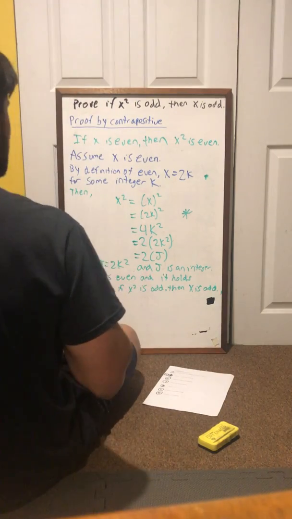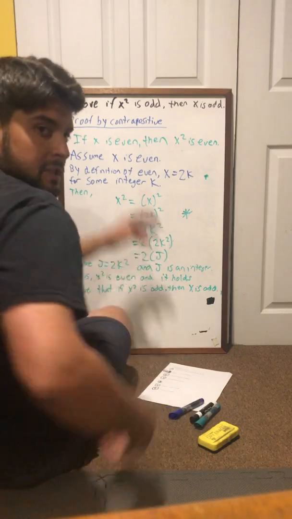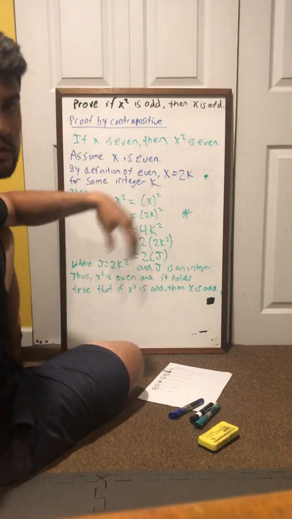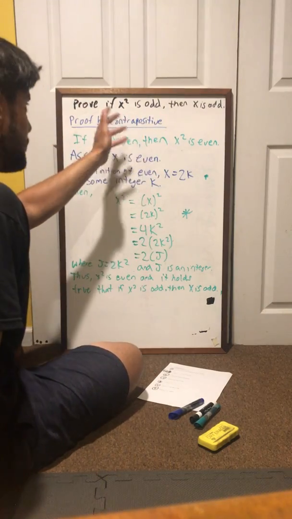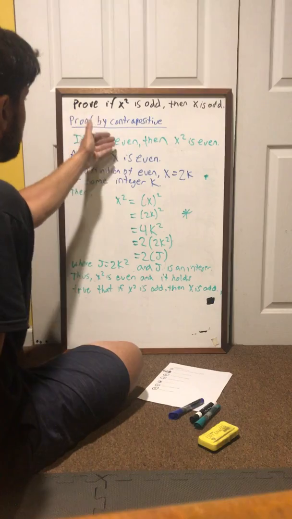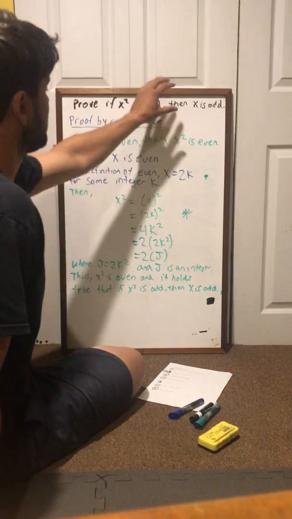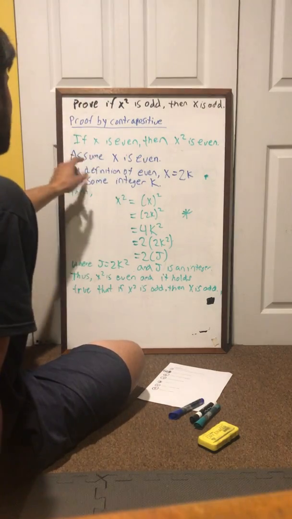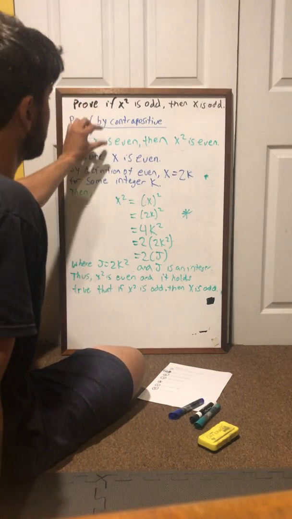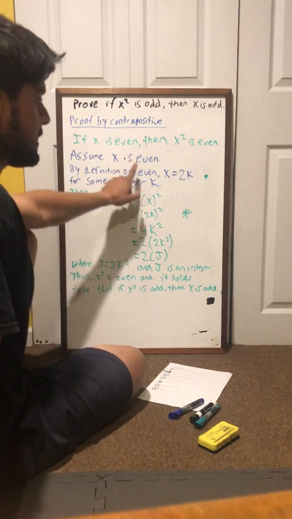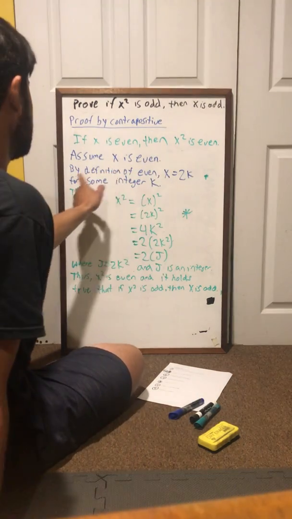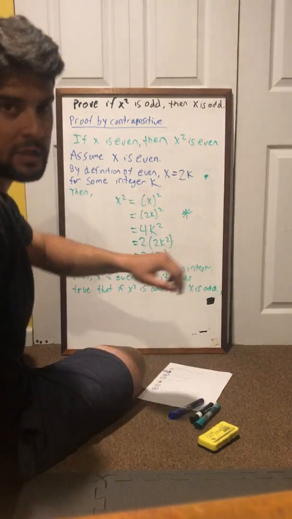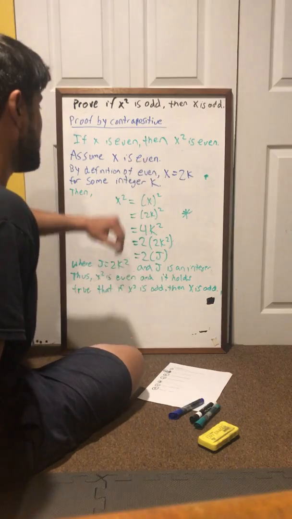Okay. So again, a simpler way to do this problem. We're going to prove it using a proof by contrapositive, as we defined. If x is even, then x squared is even. All right, it's negating these and flipping them or reversing the order. We're going to assume x is even, the assumption here, the if statement. By definition of even, x equals 2k for some integer k. We star that, knowing that when we go over this proof again, this is where it is going to be applied.